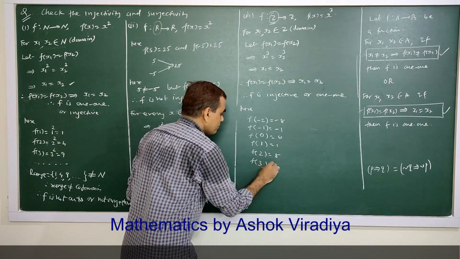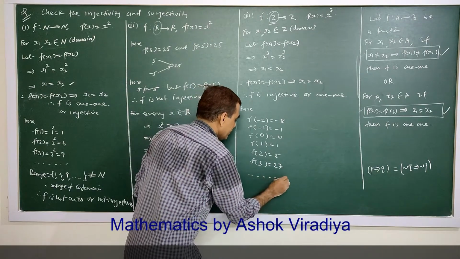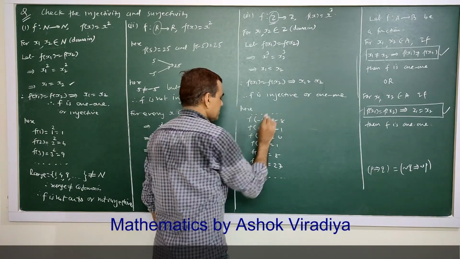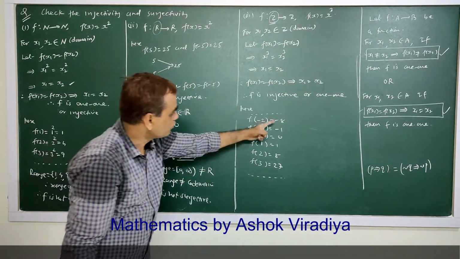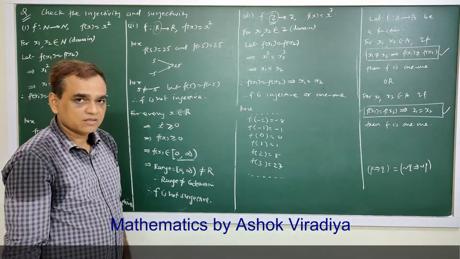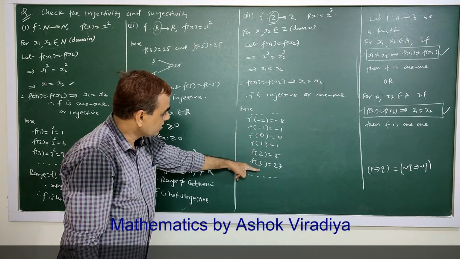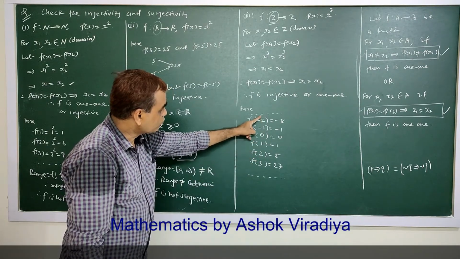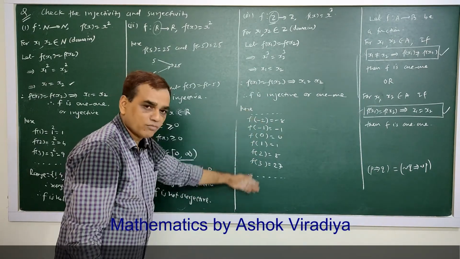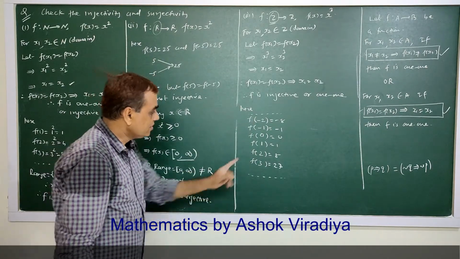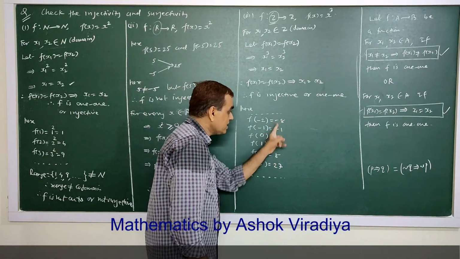F of 3 is 27. Continuing this way. These are outputs. I am taking every input from the domain 0, 1, 2, 3, 4, 5, -1, -2, -3, -4, continued from both sides. These are all outputs in sequence.